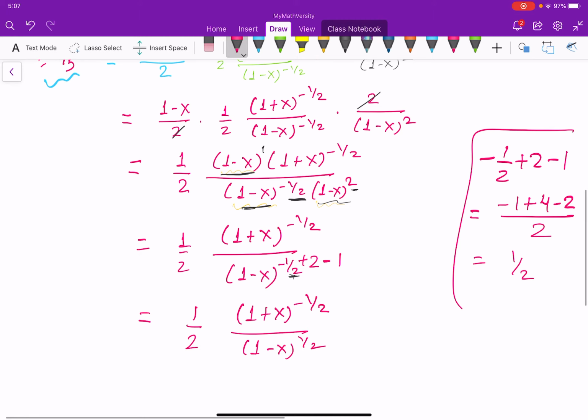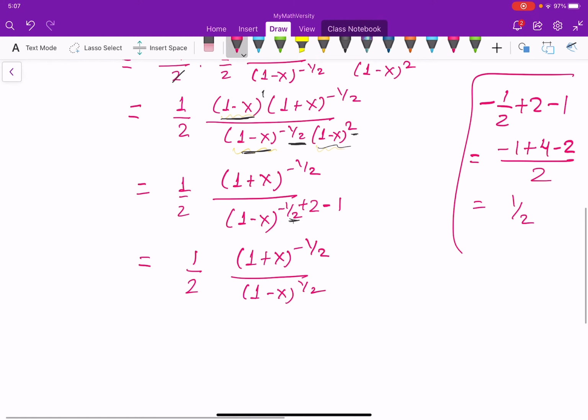You can say this is one of the simplifications, or you can also convert this into a radical by changing the negative exponent into the positive exponent. This can be written as 1 minus x to the power 1 half times 1 plus x to the power 1 half, right?